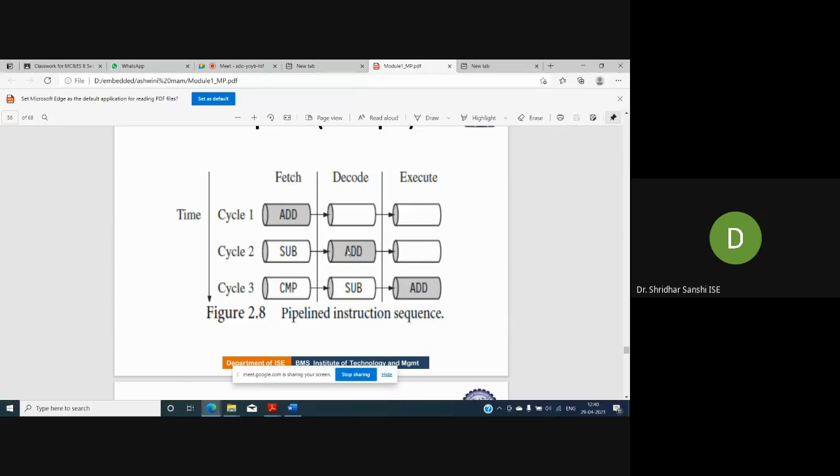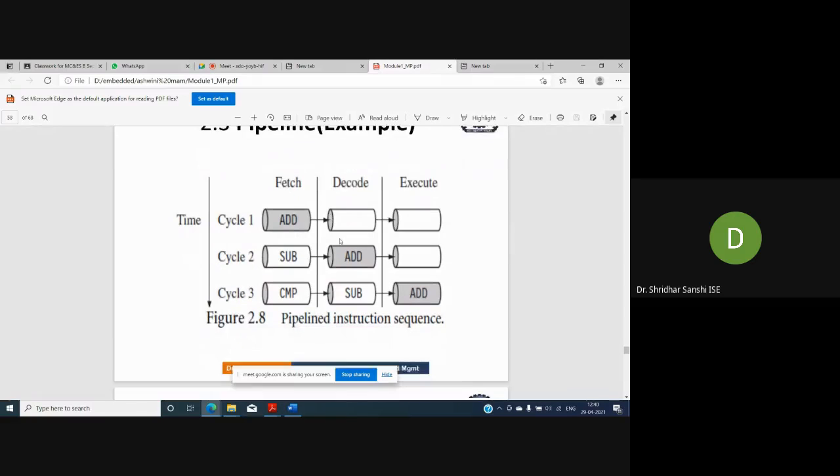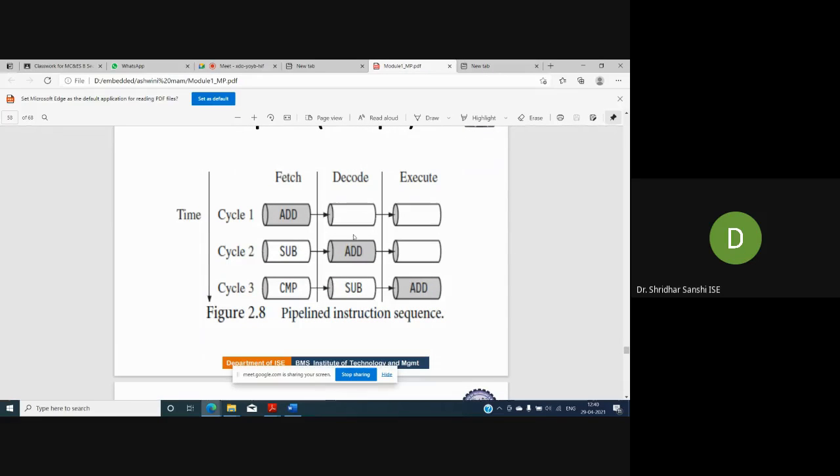For example, branch instructions work based on the previous instruction's result. If you are prefetching, we will not know which instruction to fetch because we don't have the result. So for such instructions, using the pipeline will be affected.